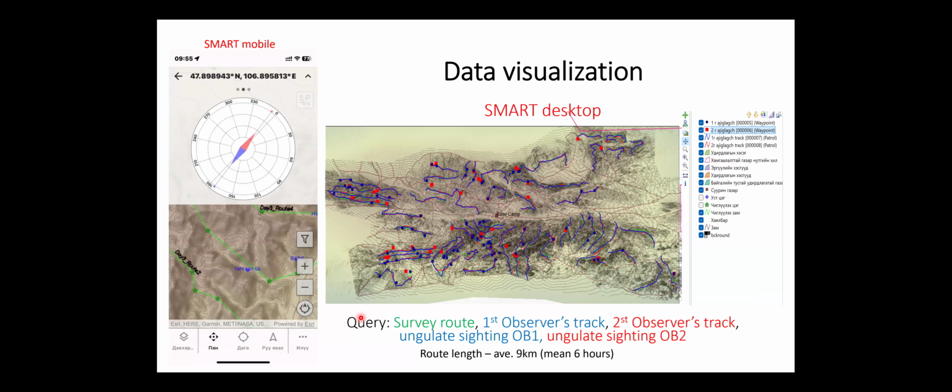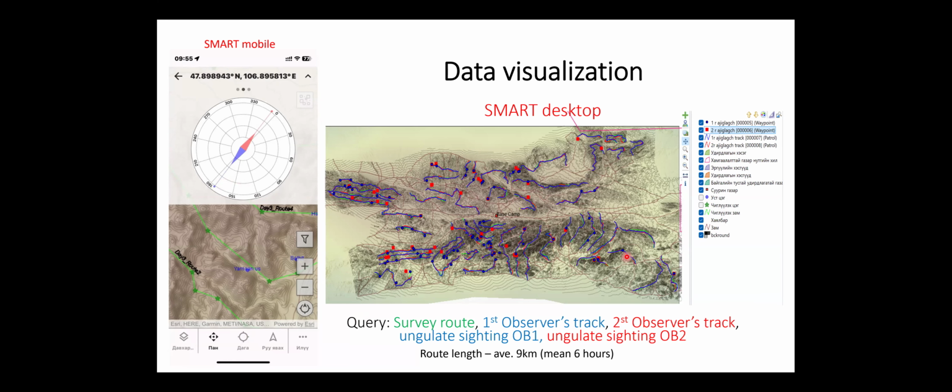Here you can see the patrol track and data visualization on both SMART Desktop and SMART Mobile. SMART allows users to easily upload and overlay their own custom map layers.